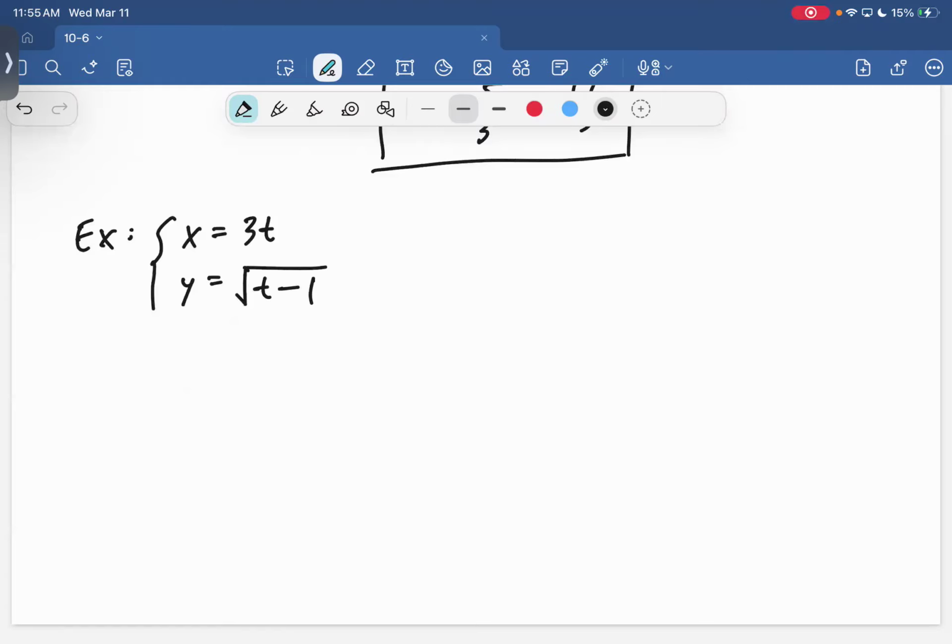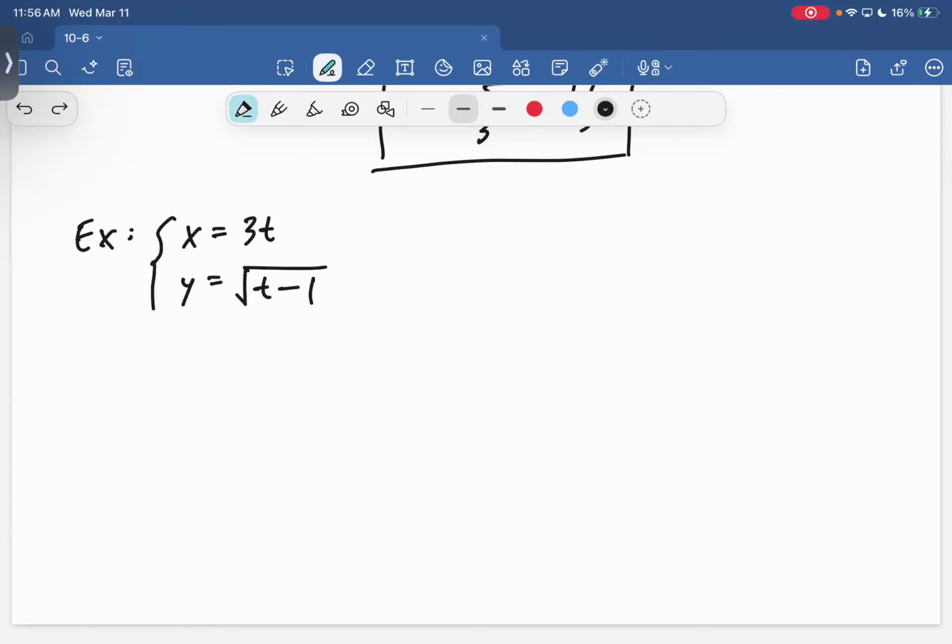If we look at this, we can see that there are going to be domain issues because of this square root here. A square root can never be a negative number, and so therefore y is always going to be positive. That suggests that we have to restrict our graph to a certain domain.